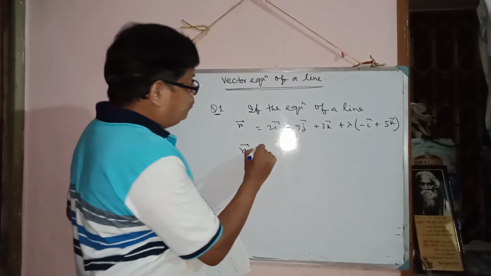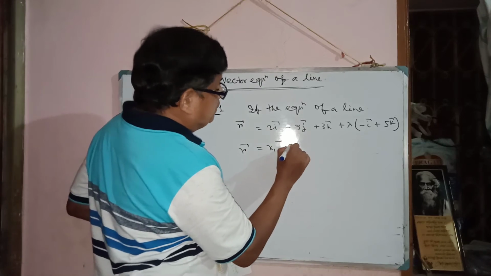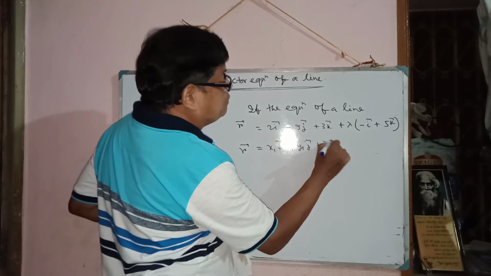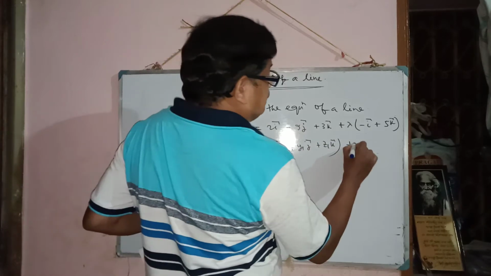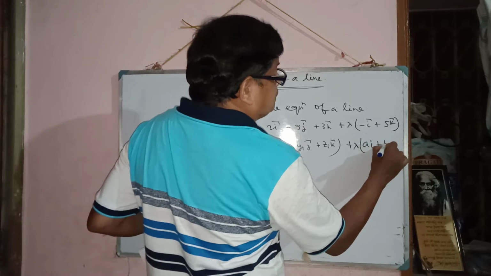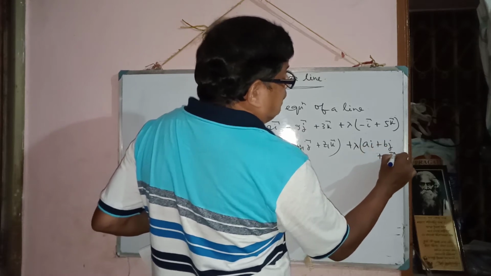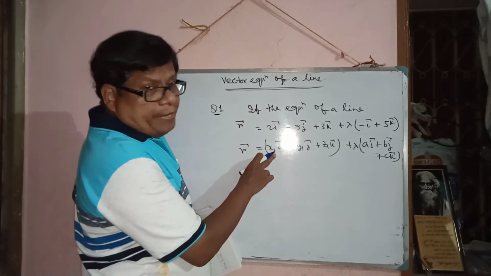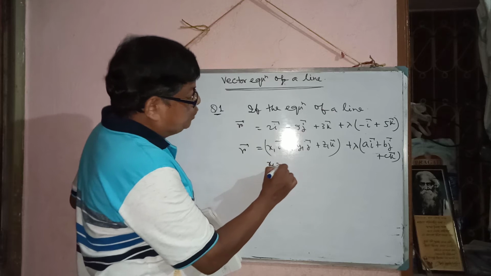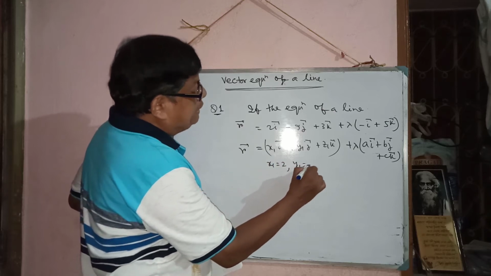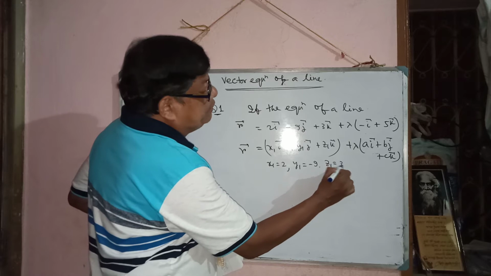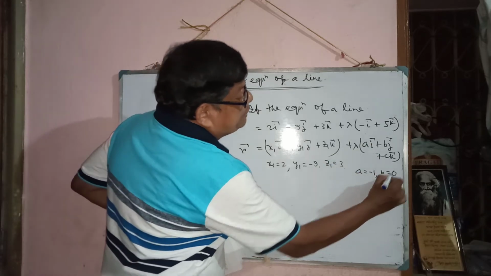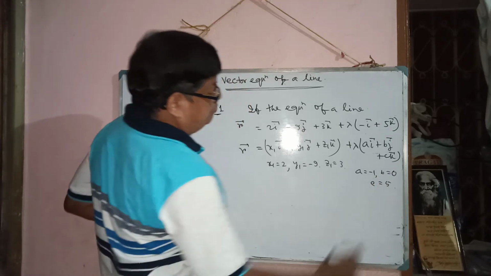You have to compare with the vector equation x1 i plus y1 j plus z1 k plus lambda into (A i plus B j plus C k). So x1 is 2, y1 is minus 9, z1 is 3. Here A is minus 1, B is 0, C is 5.